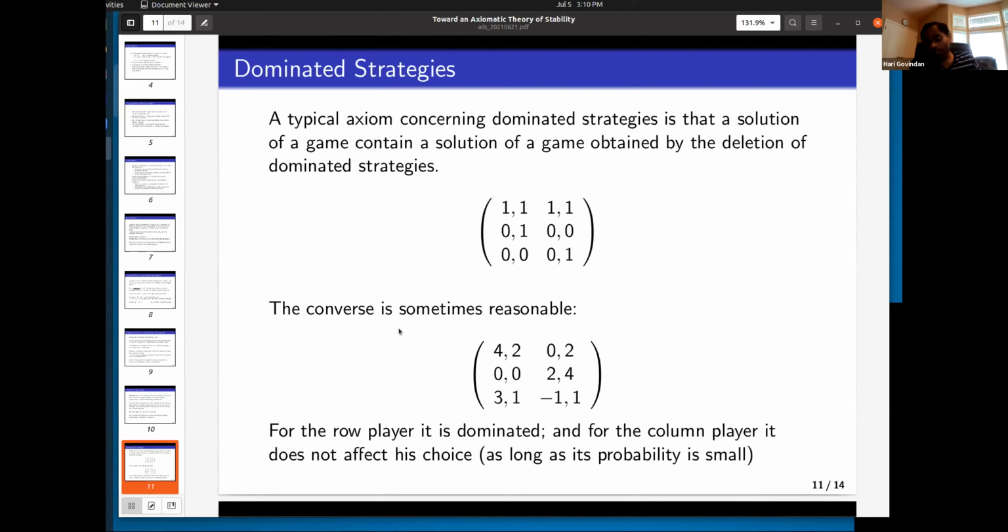But sometimes we think that the converse is also reasonable. By the way, the same point was made by another student of Mertens, Federico De Gregis, in another paper of his, that we should think about dominated strategies more seriously. So, really, I should attribute this to him.